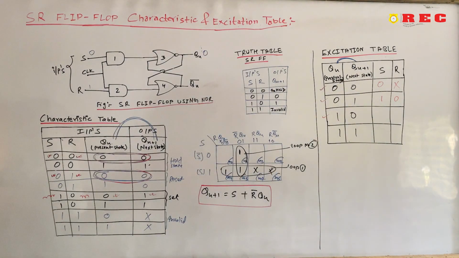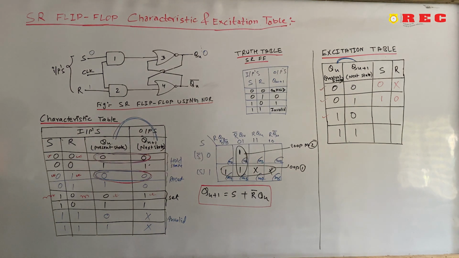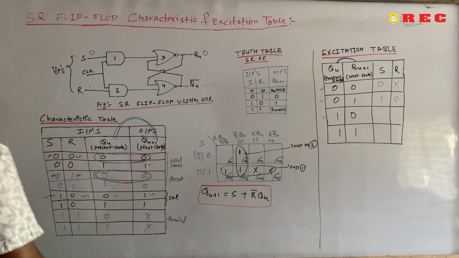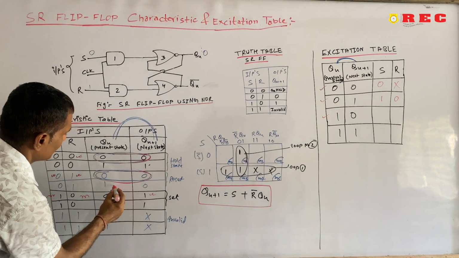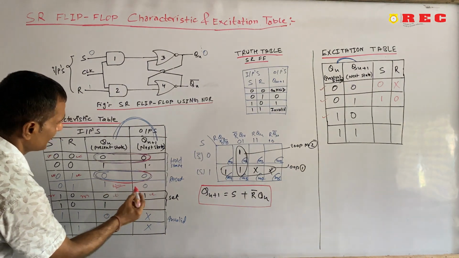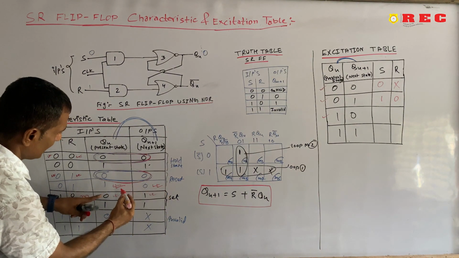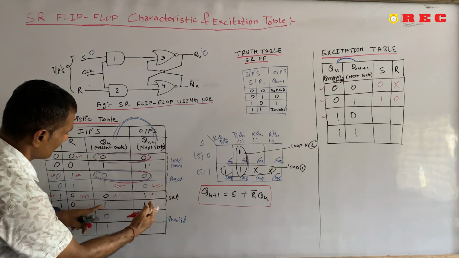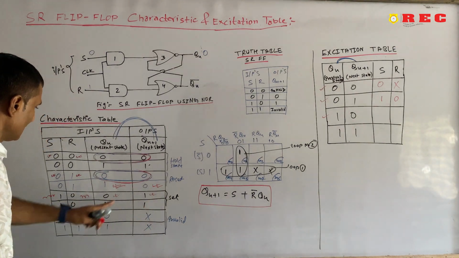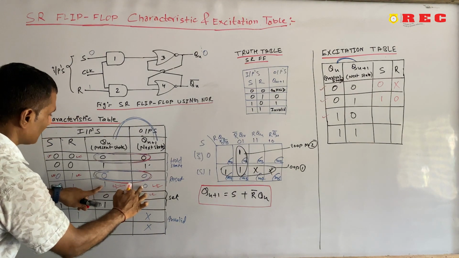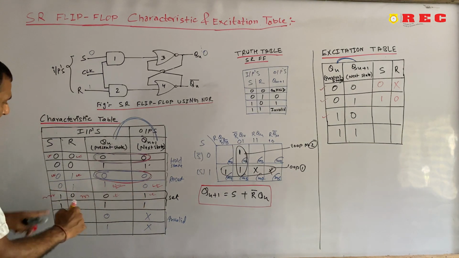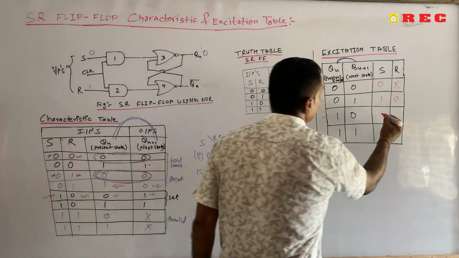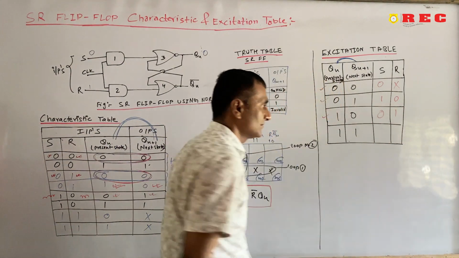Where is the 1? Here is 1, here is 0, and the next one, no one is there. So while this is 1 and 0, S is equal to 0 and R is equal to 1.